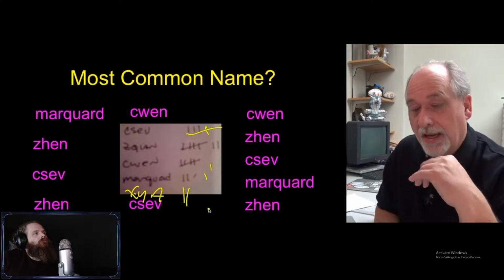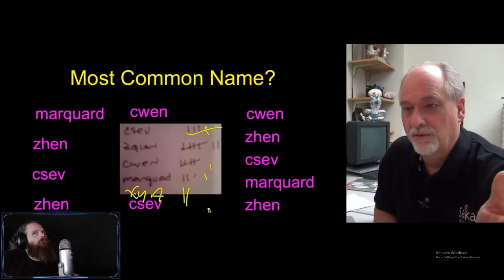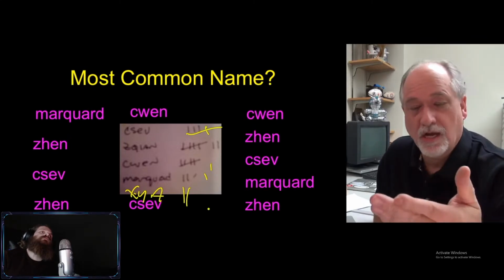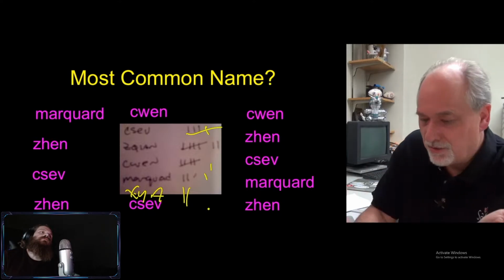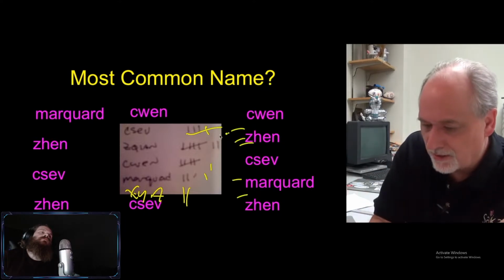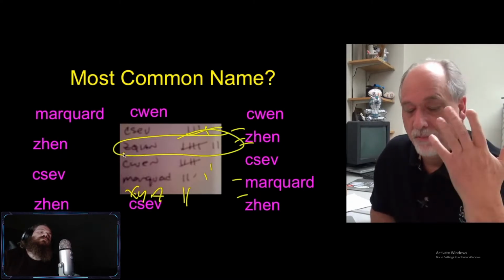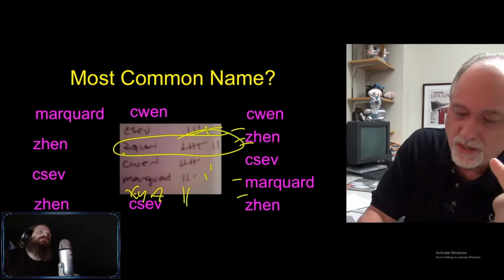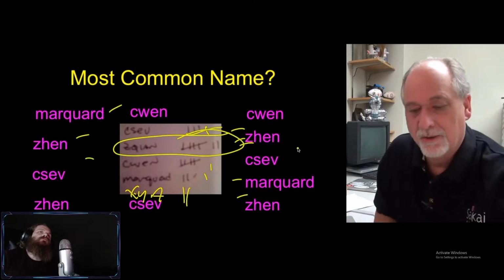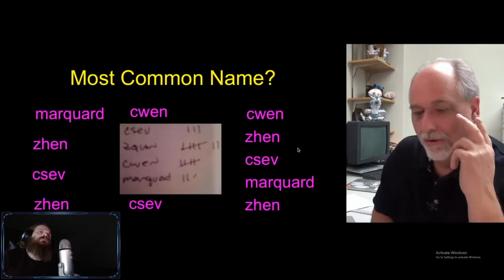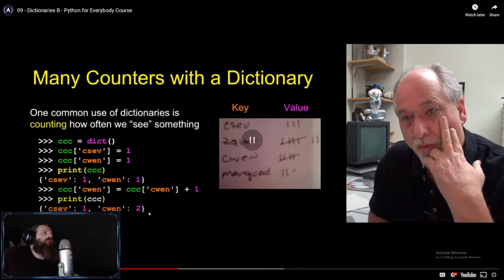And that's how you would do it. And like many of the things we do in a loop, you wouldn't really know what the most common was until the end. And then you'd sort of take a look at these numbers and you say, okay, that's the most common number. And then you'd be done. But you have to watch them one at a time. You can't just bounce around. And so that's how many counters with a dictionary.